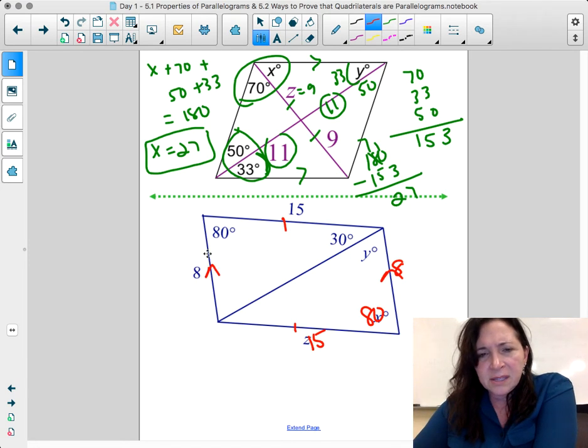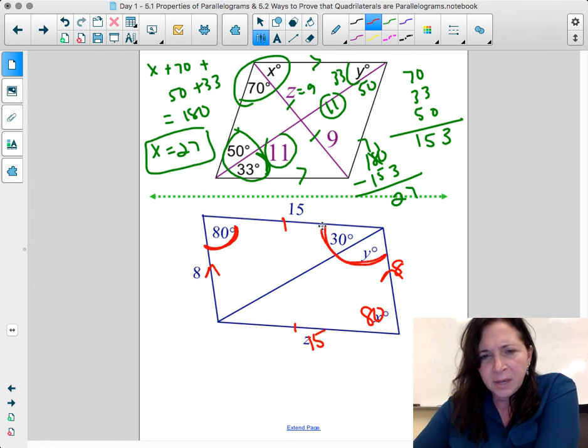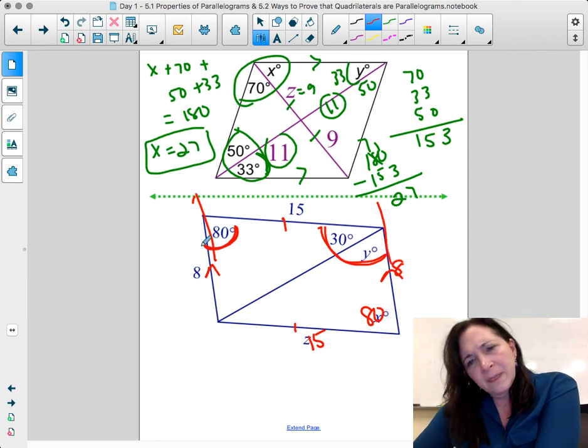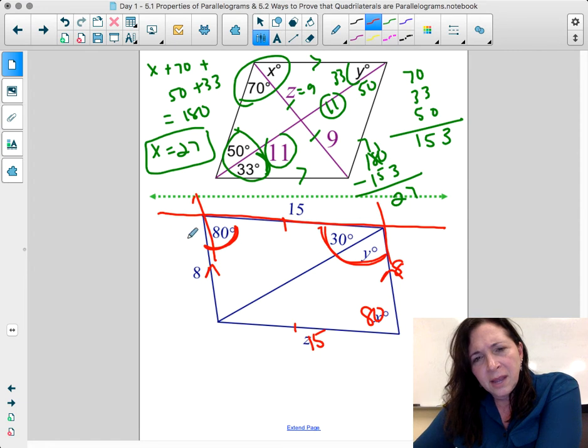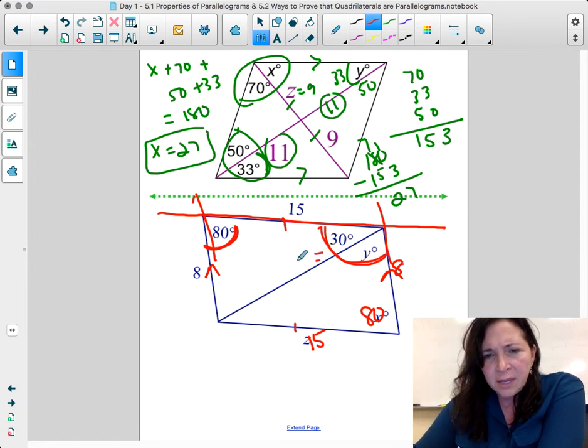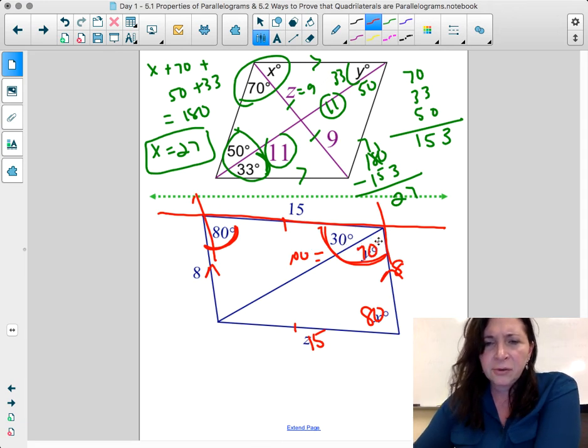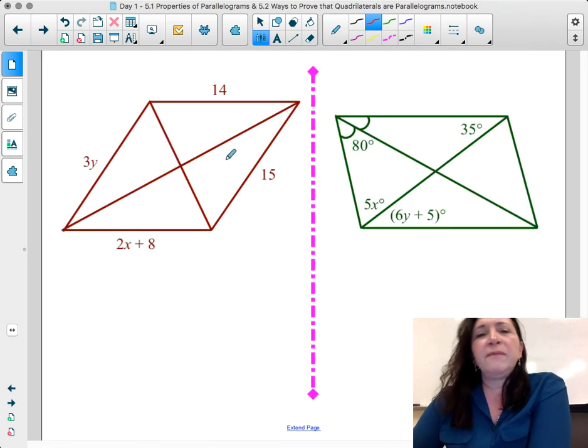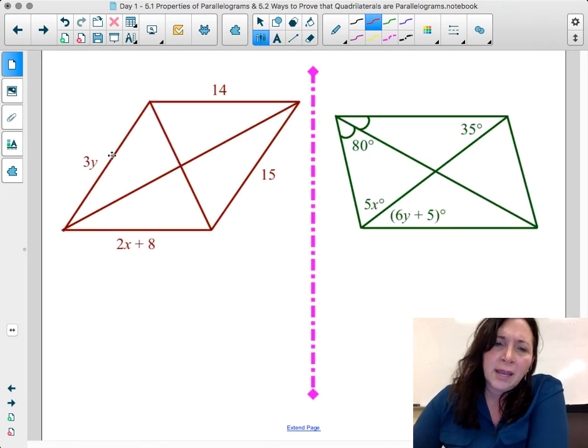And what that means is if this is 80 here, then this has to add up to be 100, because if I extend these, then this becomes my transversal right here, and that makes those two angles supplementary. So if this is equal to 100, then y would have to be 70 degrees.